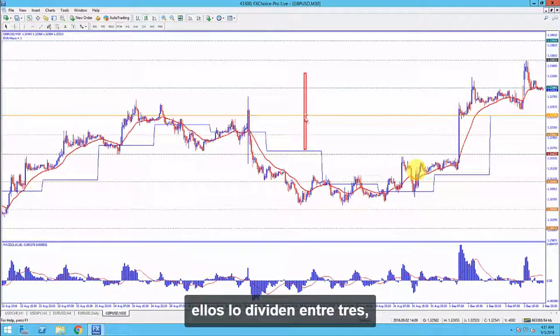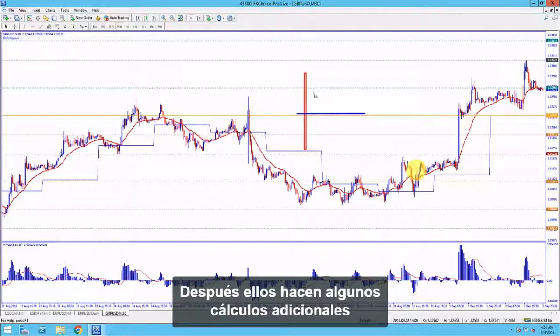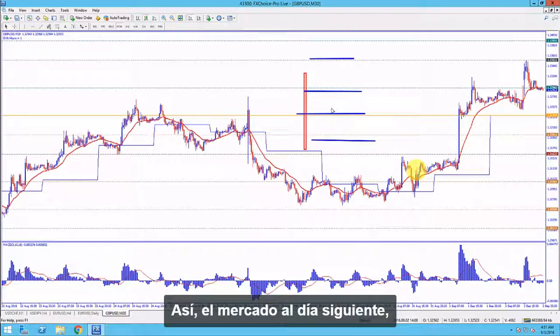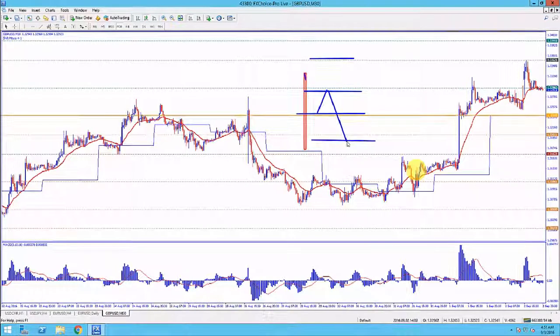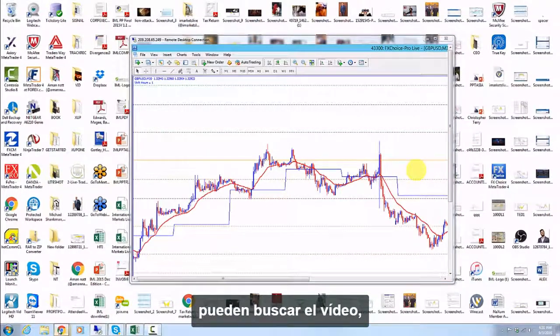They divide it up into three, the close, high and low, and they come out with a pivot level. Then they do some additional calculations, which gives you all these additional levels. So the market the next day, the following day, would adhere to these levels.